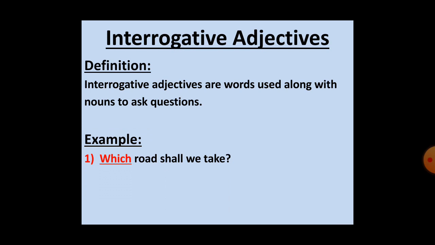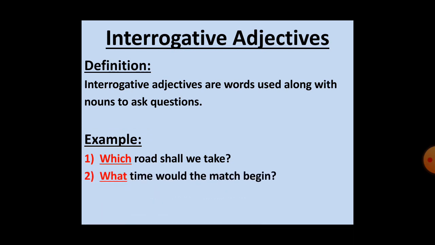The most important thing is that after an interrogative adjective we always use a noun, and if we do not have any noun after it, it means it is not an interrogative adjective but a pronoun. A pronoun does not have any noun after it, but after an adjective there always comes a noun.